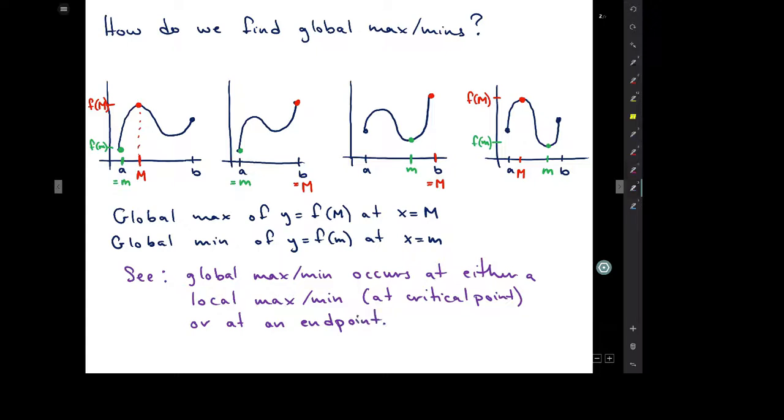So the idea is that we want to check critical points and endpoints to determine whether they are the global min or max.